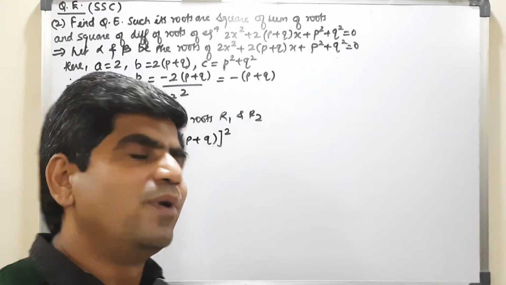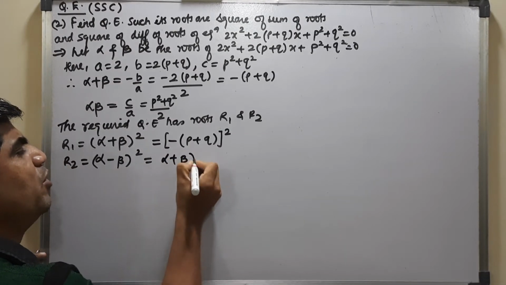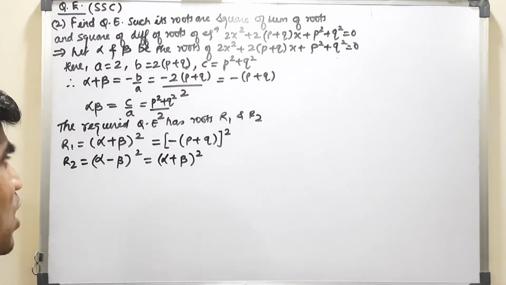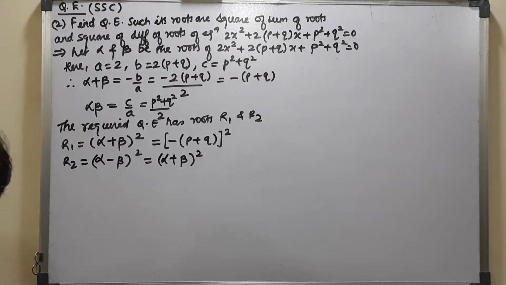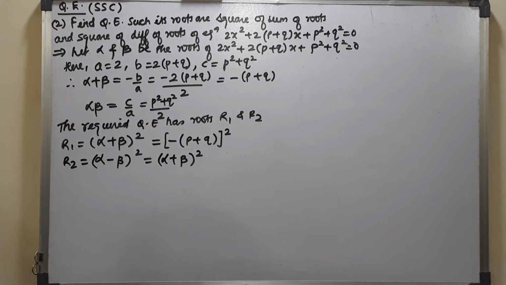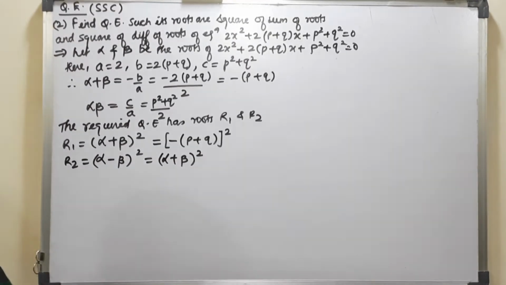Convert it into the form of alpha plus beta the whole square, because you have the value of alpha plus beta, right? So alpha minus beta the whole square is alpha square plus beta square minus 2 alpha beta, and here alpha plus beta the whole square is alpha square plus beta square plus 2 alpha beta.